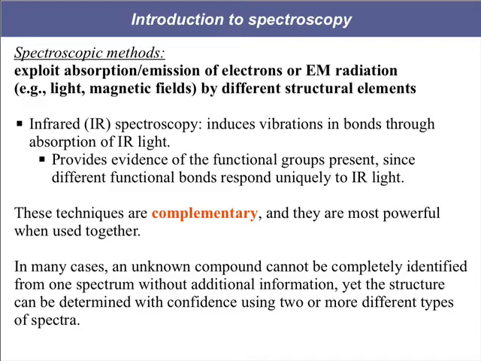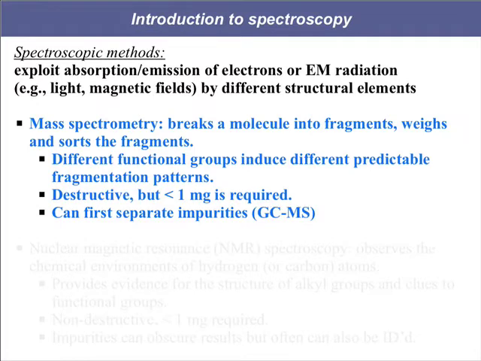In many cases, an unknown compound cannot be completely identified from one spectrum without additional information. So you can't figure it out just from mass spec, or just from IR, or just from NMR, but you can figure it out when using two or more of these types in conjunction with fairly high confidence. So we're going to begin with mass spectrometry.